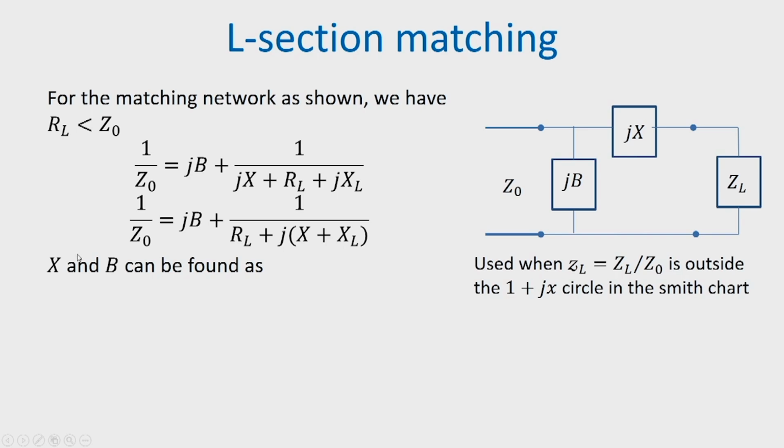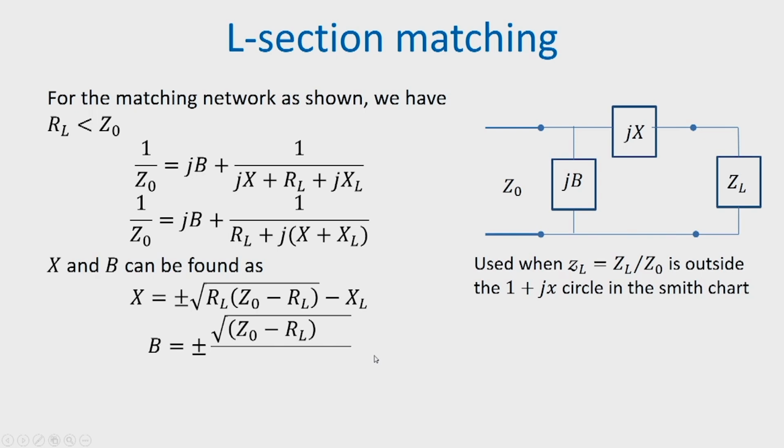When these steps are carried out and X and B are solved, we get the expression for X to be equal to plus minus square root of R_L (Z naught minus R_L) minus X_L, and B is equal to plus minus square root of (Z naught minus R_L) divided by R_L, and the entire term divided by Z naught.